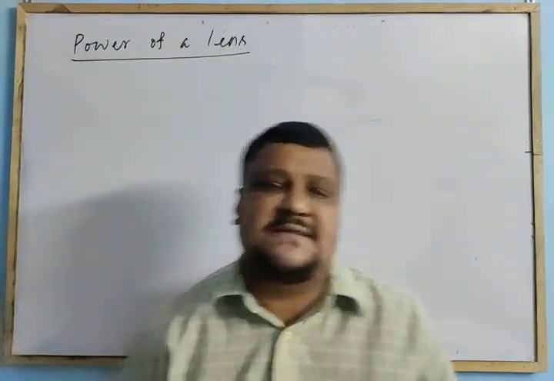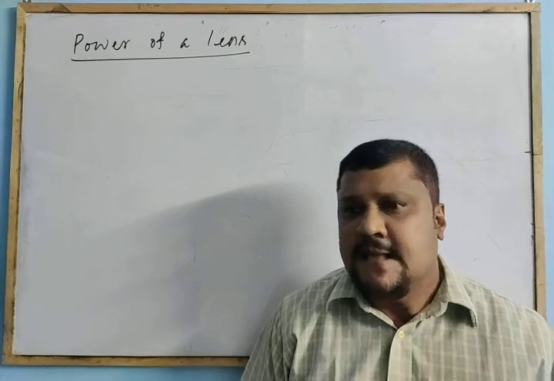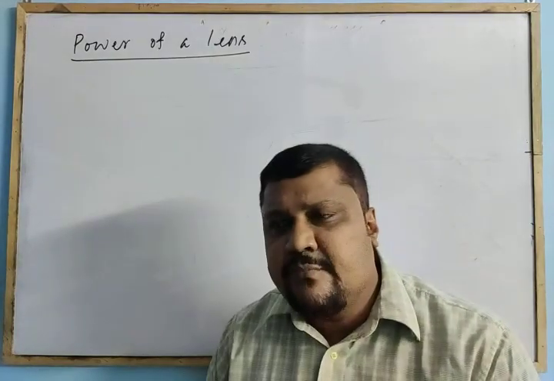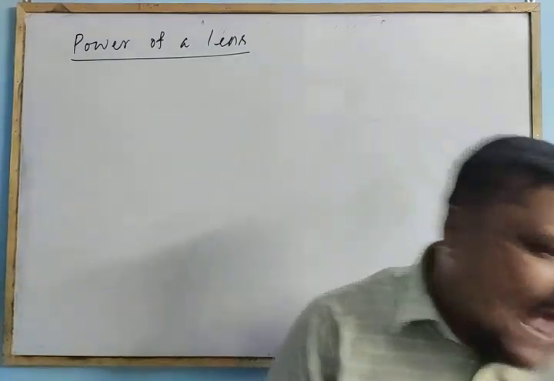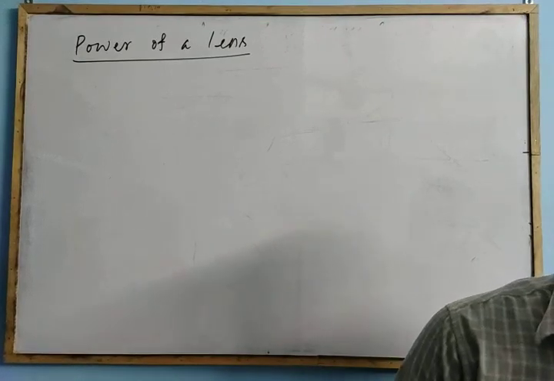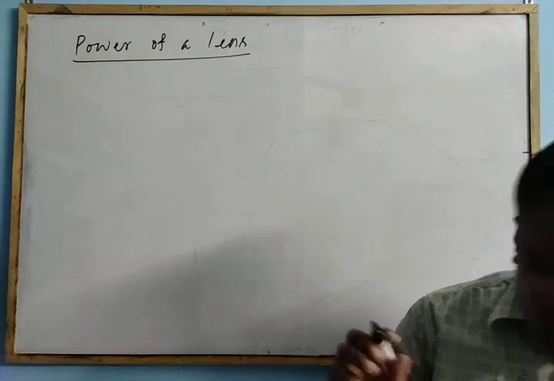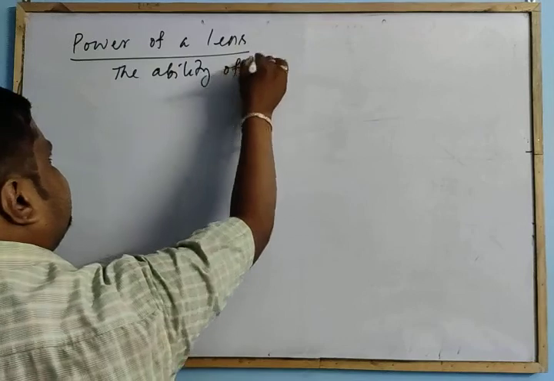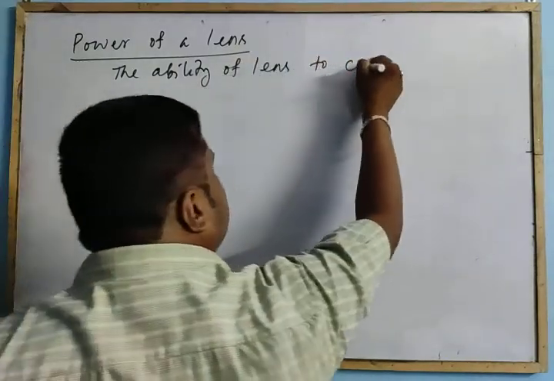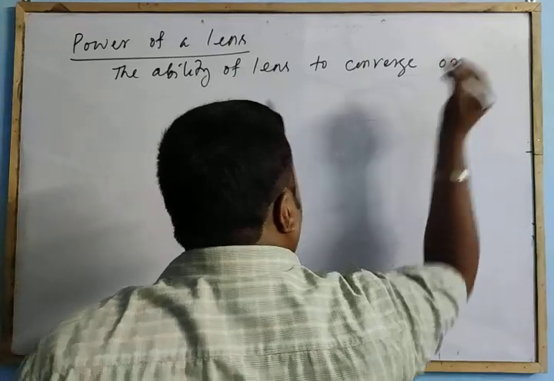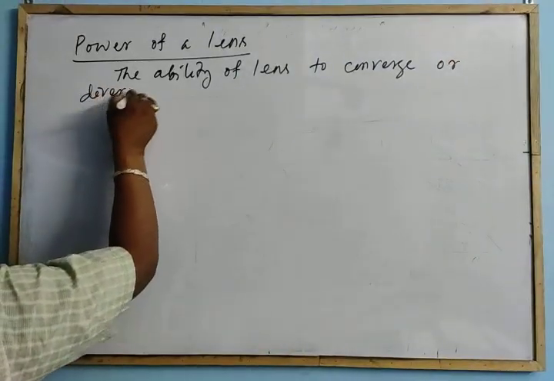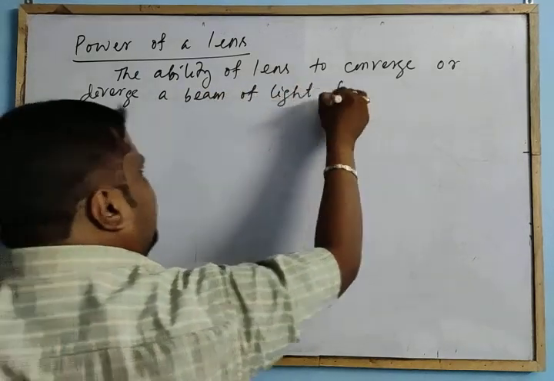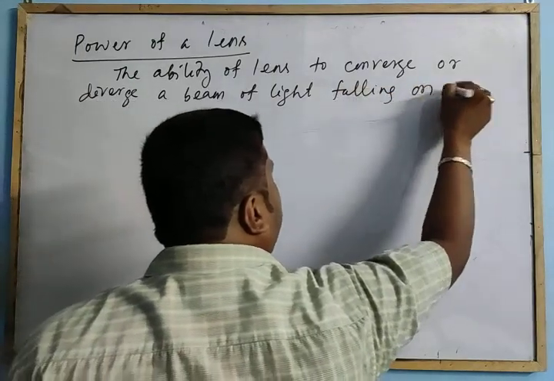So what actually does power mean? The power of the lens is the ability of the lens to converge or diverge a beam of light falling on it.